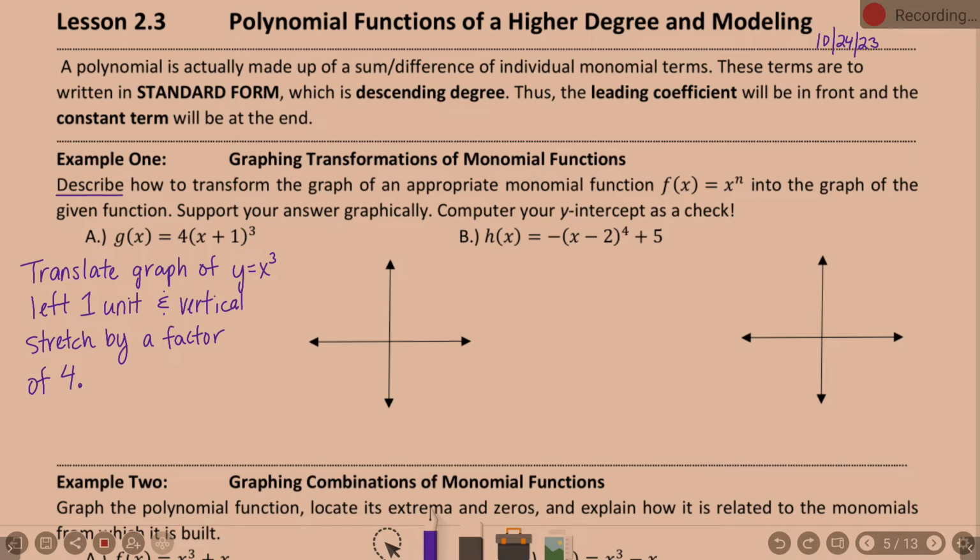Okay. So that is your describe part. Remember, anytime you see describe, we're looking to put it into words.